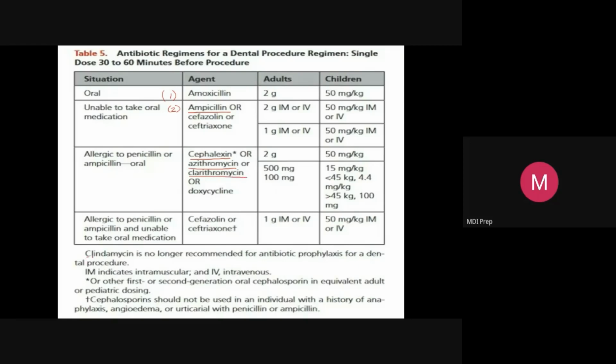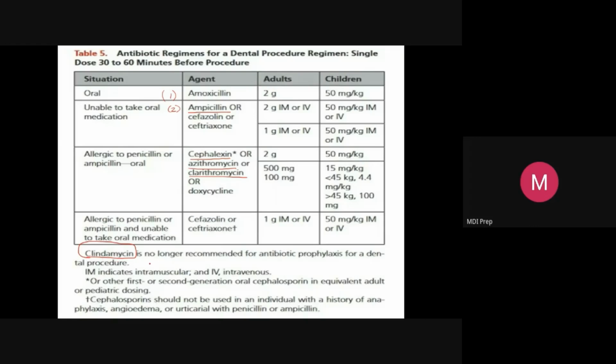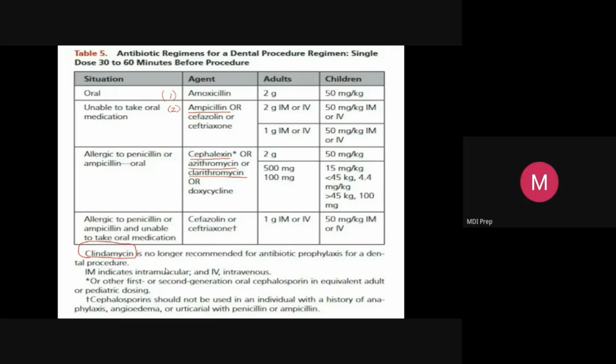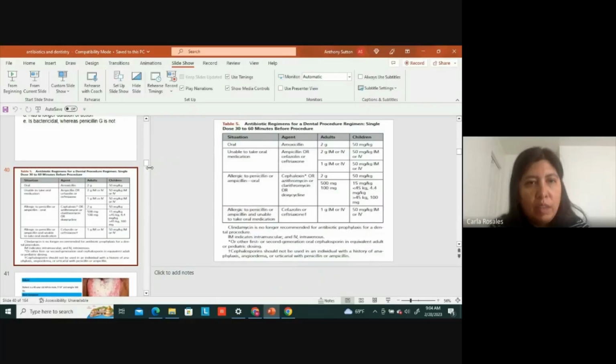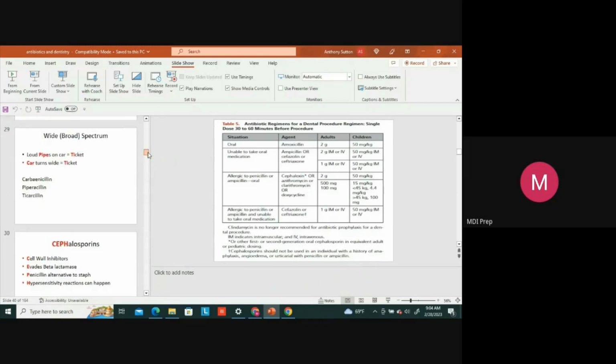It used to be clindamycin, but we've taken that away because clindamycin has a bad side effect, which is called pseudomembranous colitis. That's a bad side effect of clindamycin, which you'll learn about. We're going to teach you about that too. All right, good. So that is something that they will ask you on the test, okay? So I would definitely remember that.